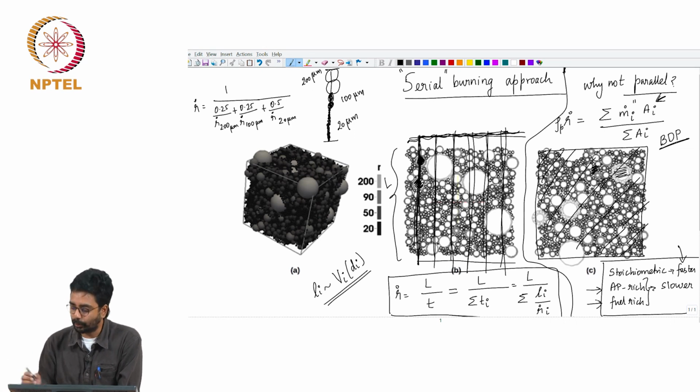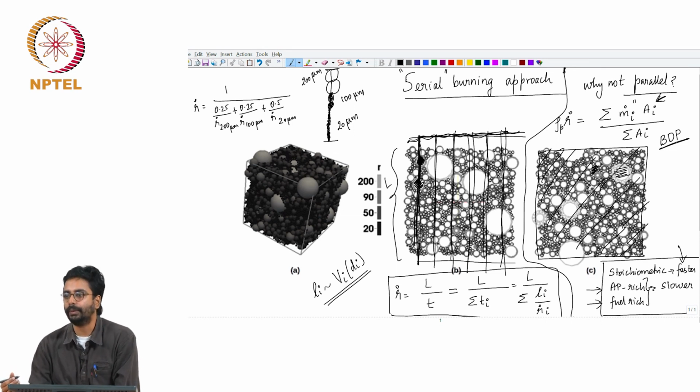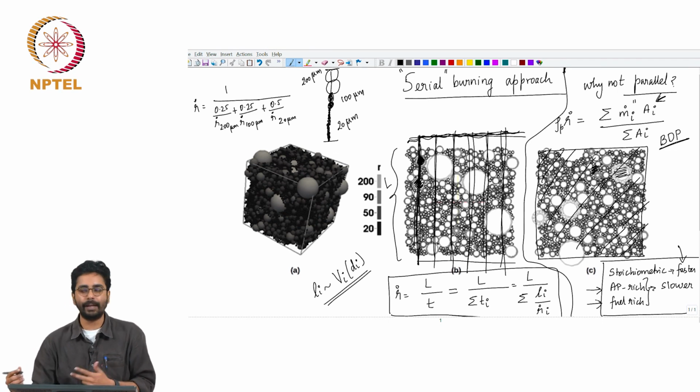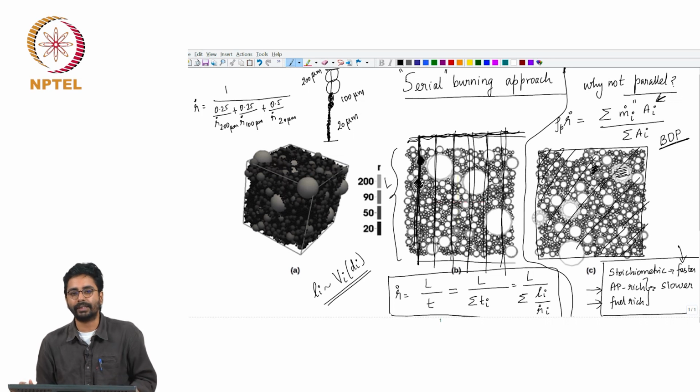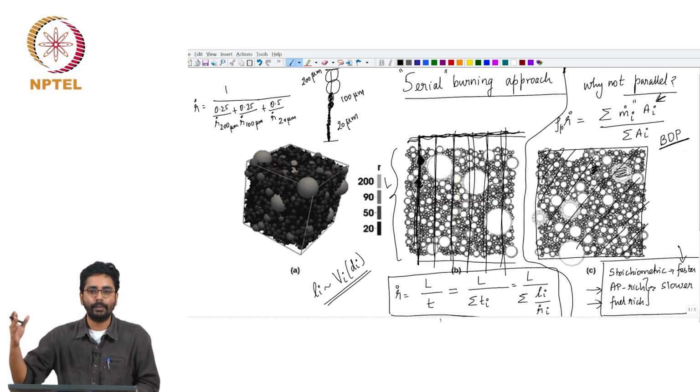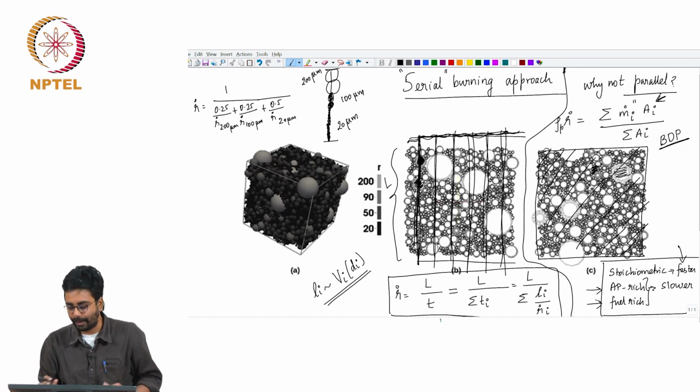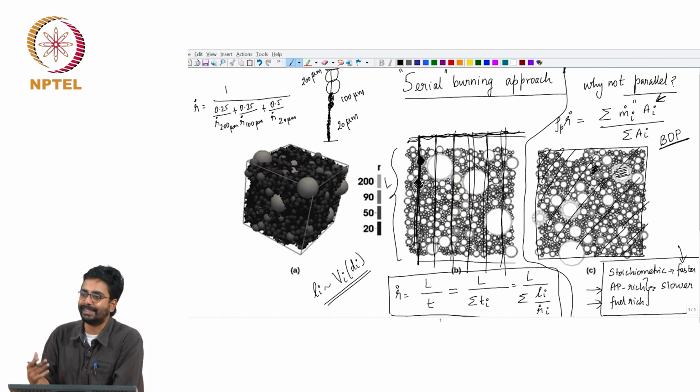Okay, so what happened was that the burn rates were typically over predicted, and so were the index. So especially in cases where the AP distribution was very wide, that you had a bimodal or a trimodal distribution with very large AP sizes, moderate AP sizes and very small AP sizes, the burn rates were always over predicted because the weights that were assigned to the faster burning particles were always higher. Okay.